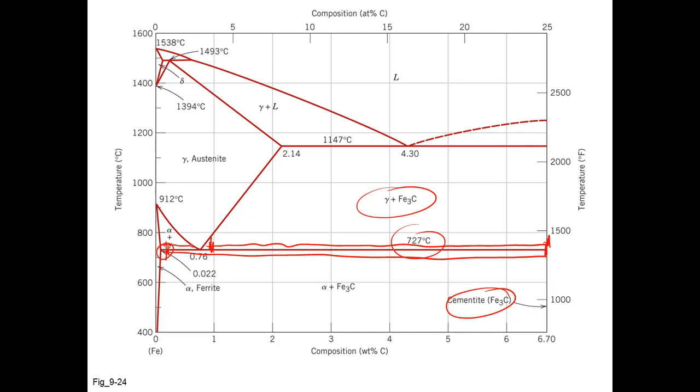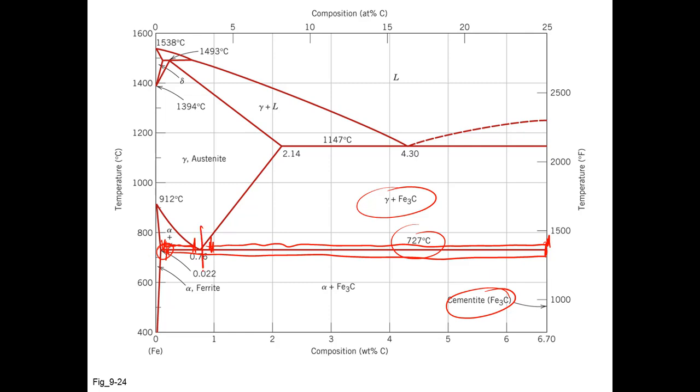Similarly, we might use the tie line in this region, which involves austenite and pro-eutectoid ferrite. So just depending on the system concentration of carbon, we'll be using one of those three tie lines to help us get the mass fraction of the phase that we're interested in.